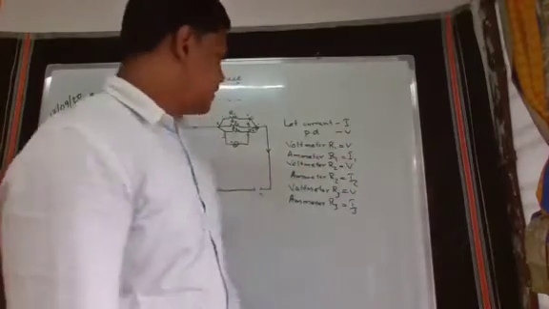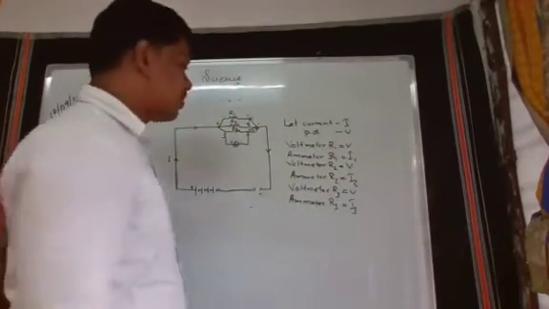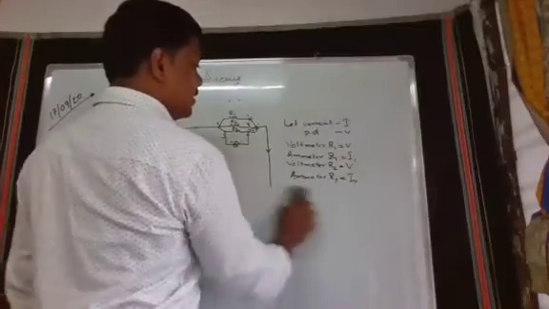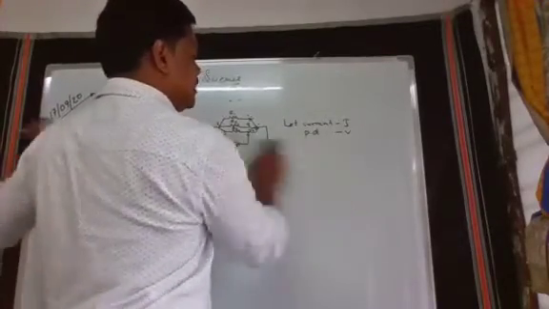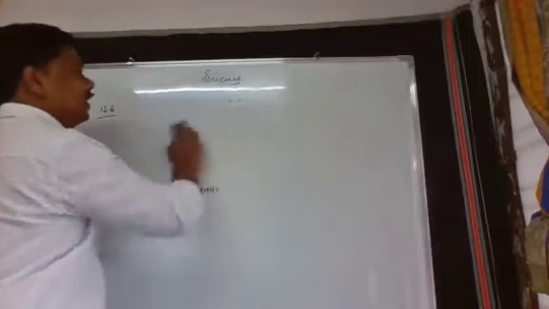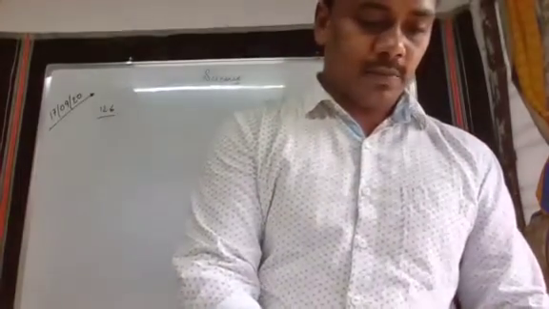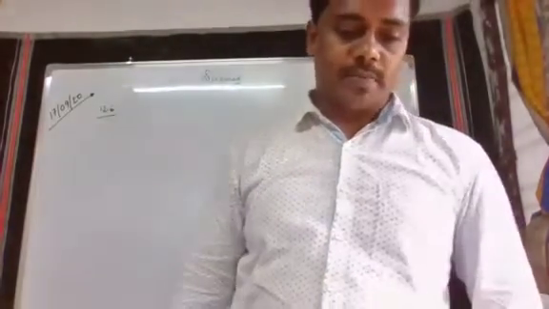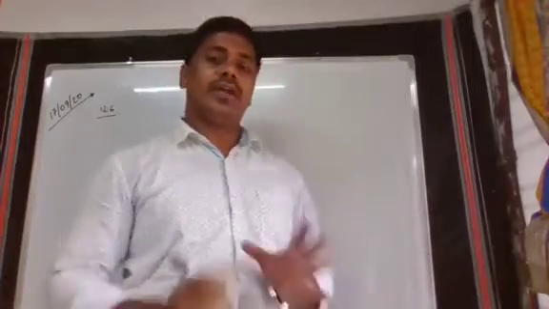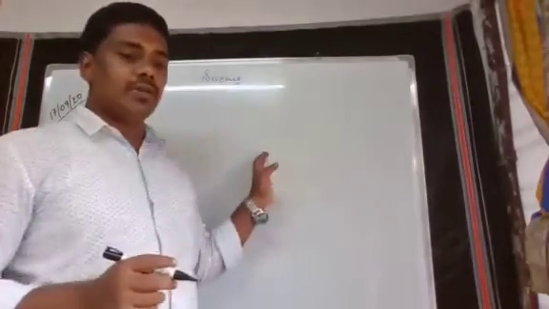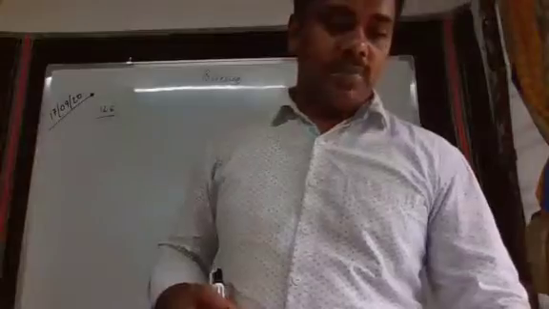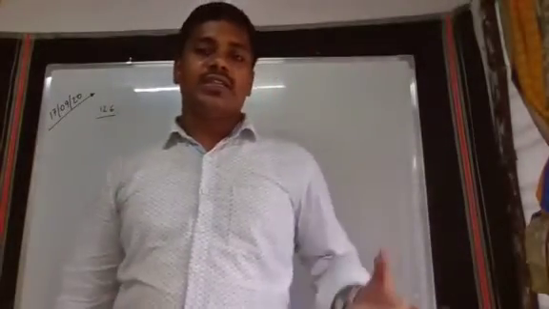And in the case of current, what will we observe? The current is changing: I1, I2, I3, and it is different from I. So we can observe that the total current in the circuit is the sum of the separate currents through each resistor.